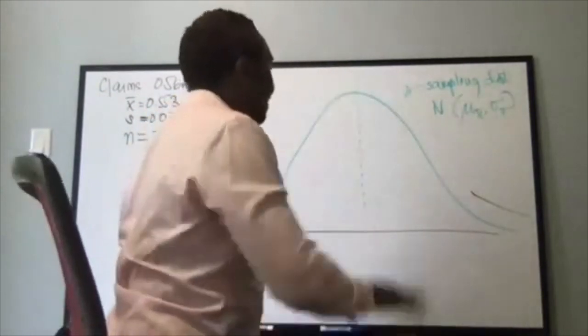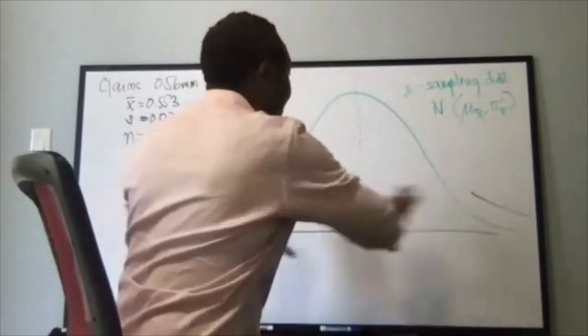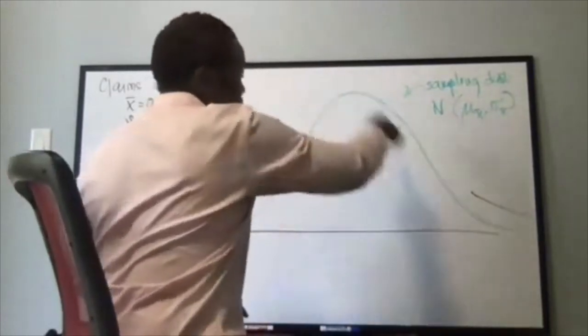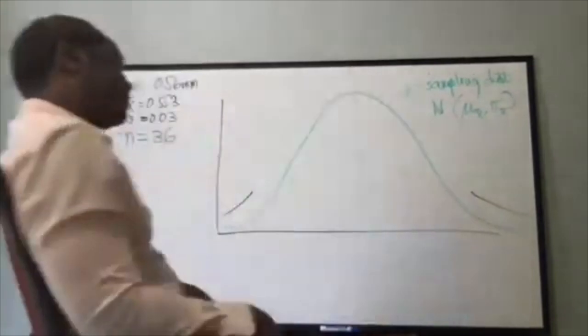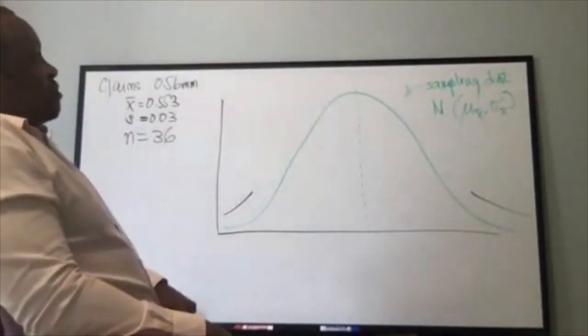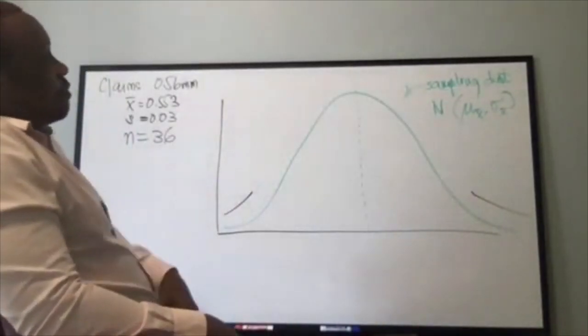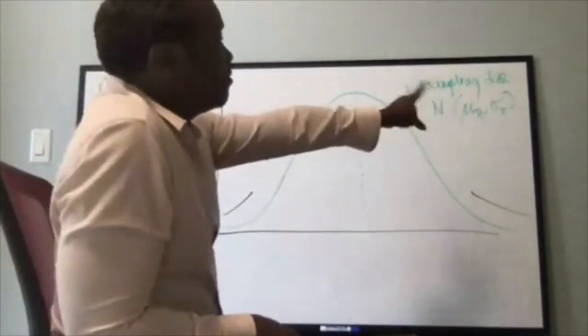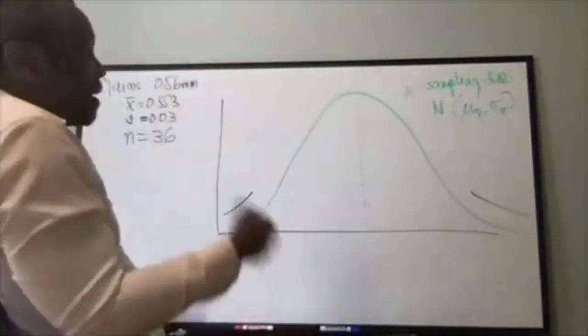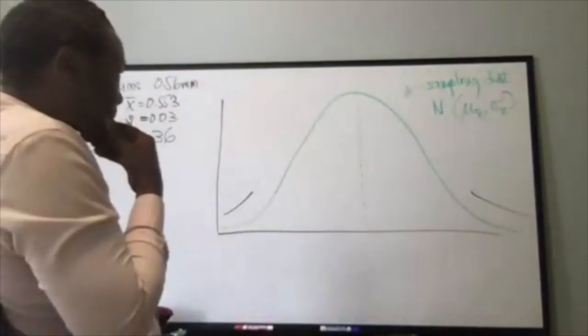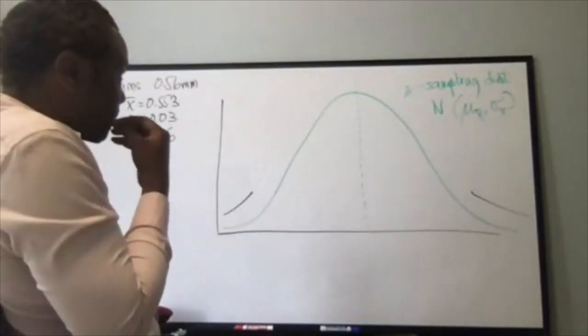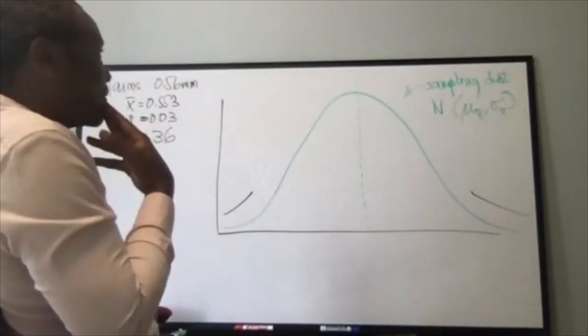And it's going to have a certain spread for the x bar distribution. And we're going to talk a little bit more about what that means in terms of solving the problem. Because you're going to need to know those two values to help get you out of this particular situation. Okay, so just write that.